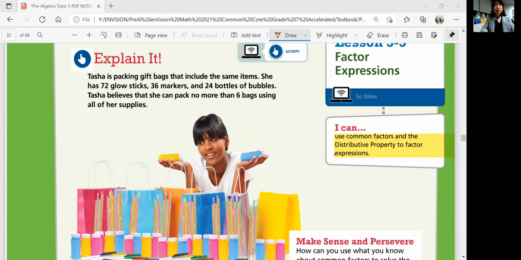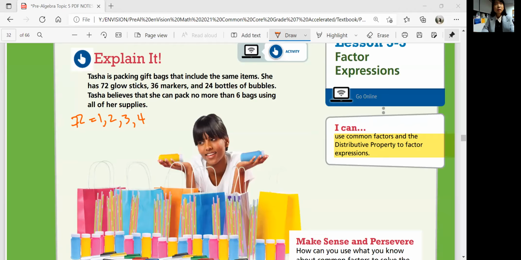So 72 has factors of 1, 2, 3, 4, 6, 8, 9, 12, 18, 24, 36, and 72. Okay.